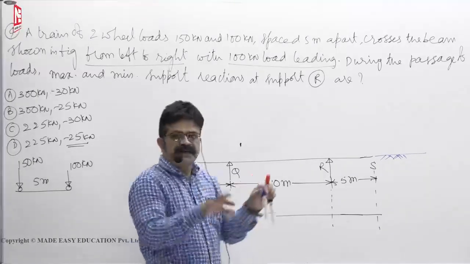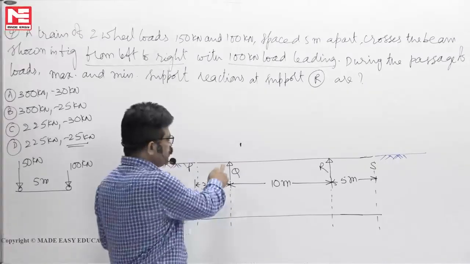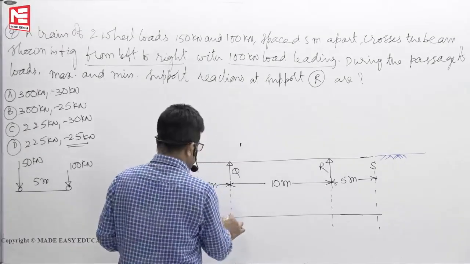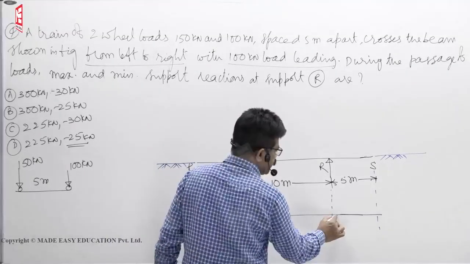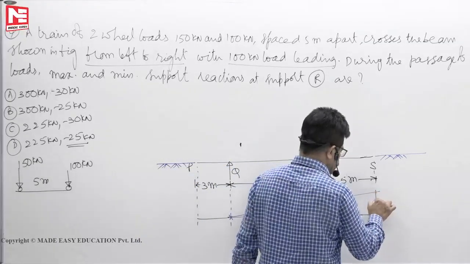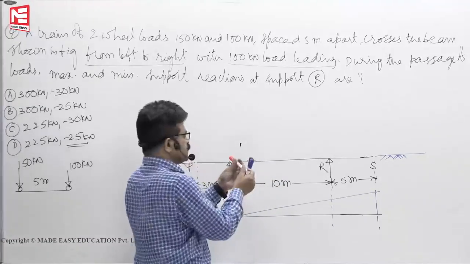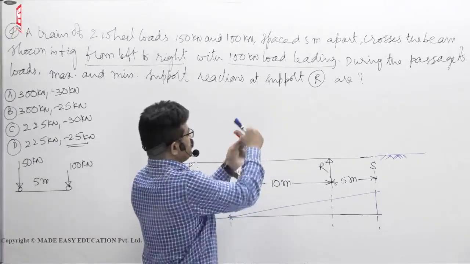This is a double overhanging beam but simply supported. Without removing the support at Q, remove the support at R and apply unit displacement. It will go like this. And when I lift it, this is the point, let us say. Like this I am holding it.